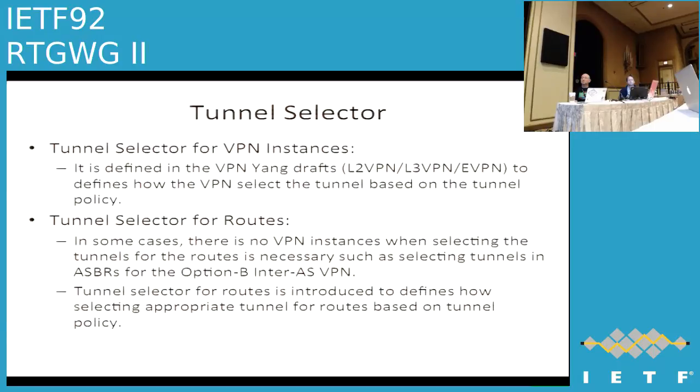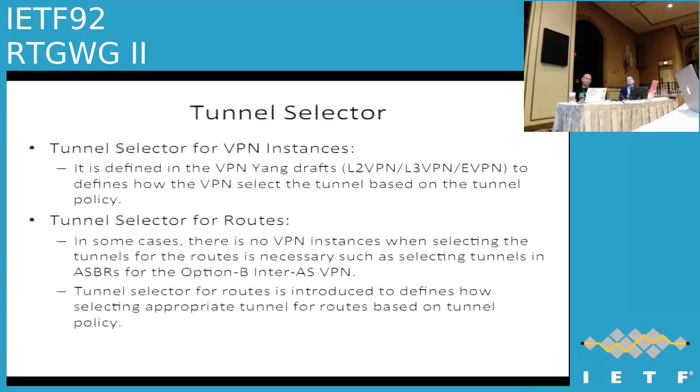There's no VPN instance, so it cannot use the tunnel selector for VPN instance. This use case, for example, is option B inter-AS VPN, because this is in the ASBR, so that only has a VPN v4 route, but there's no VPN instance.